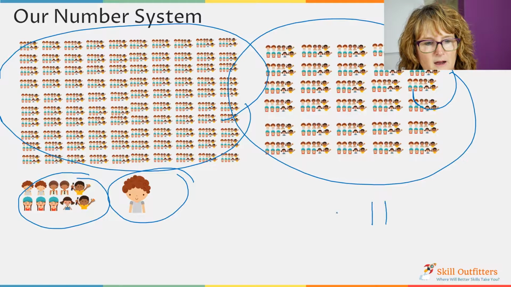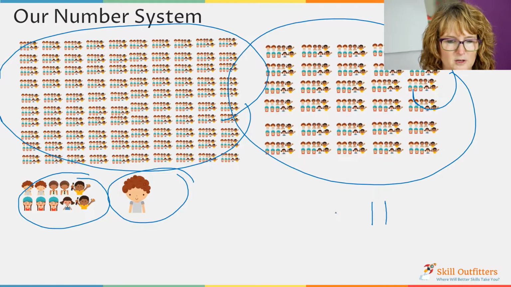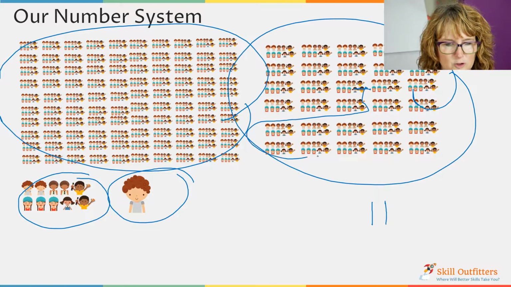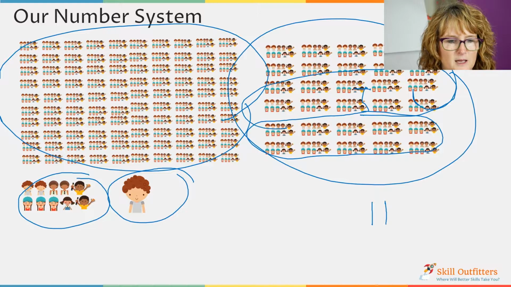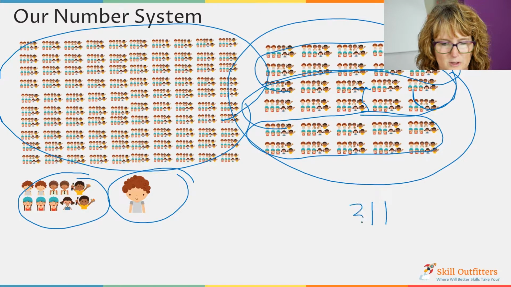Looks like we have more than 100 there, don't we? Let's see here. Here's a group of 100. Here's a group of 100. And lastly, here's a group of 100. So that's 300. And then we had 1,000.